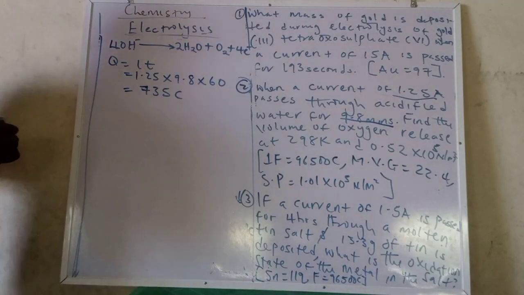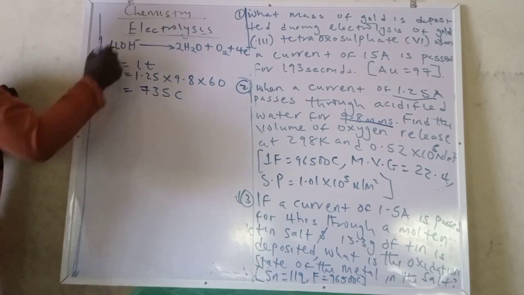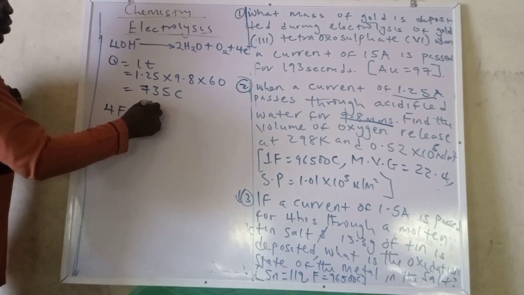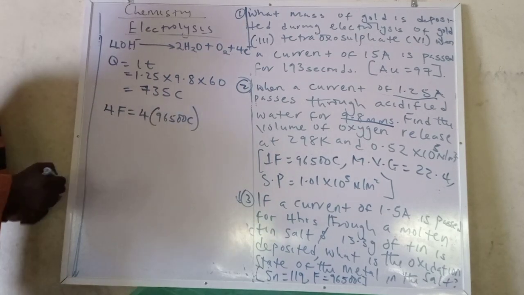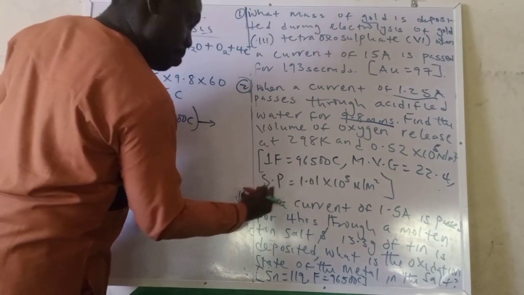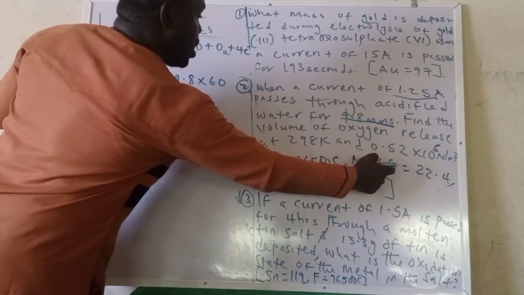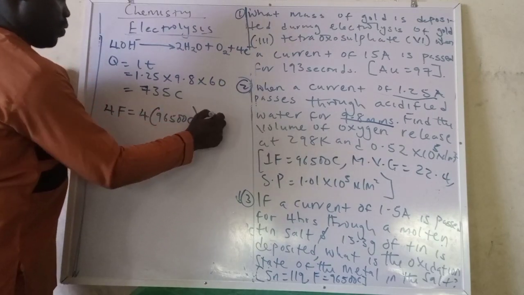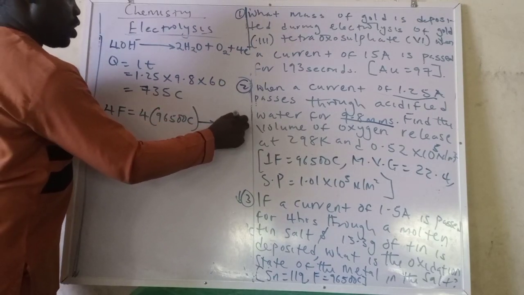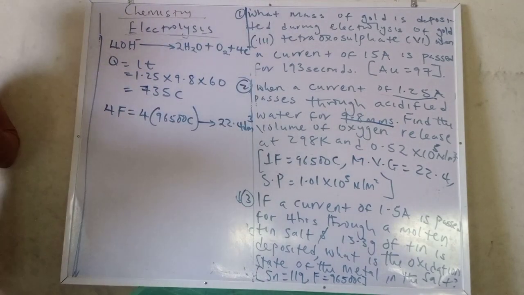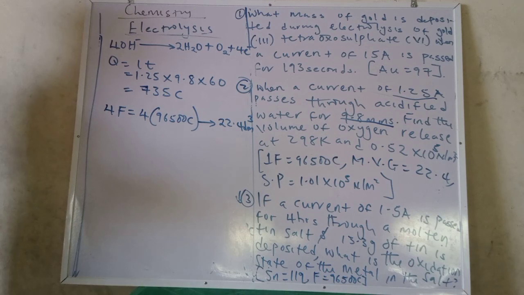For the 4 Faraday that was released, talking in terms of volume, it gives you the molar volume of the gas, which is 22.4 dm3. That is, 1 mole of every substance at STP gives you what?